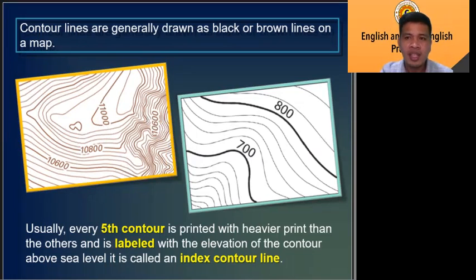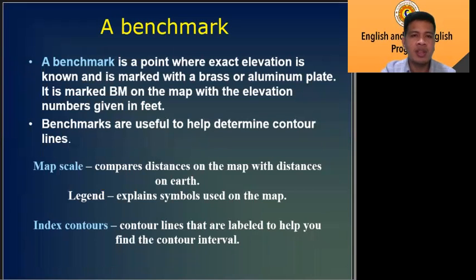Another one, we also have what we call a benchmark. What is a benchmark? It is a point where the exact elevation is known or has been identified. Usually this is marked with a brass or aluminum plate, and it is marked with the letters BM on the map, with the elevation number given in feet.